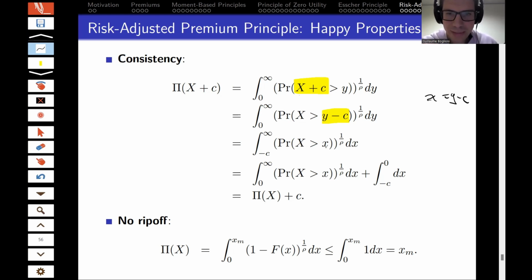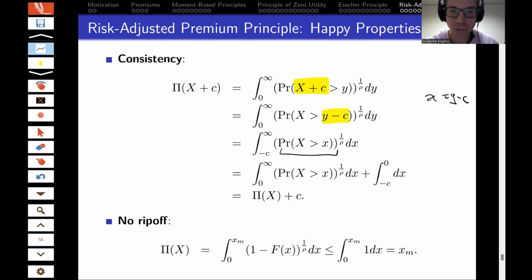Probability that X is bigger than some little x, but here we start the integration at minus c. Well, for every x that's negative, so every x from minus c to 0, this probability is 1, because X, by definition, we assume it's non-negative. So the probability that X exceeds a negative number is 100%.